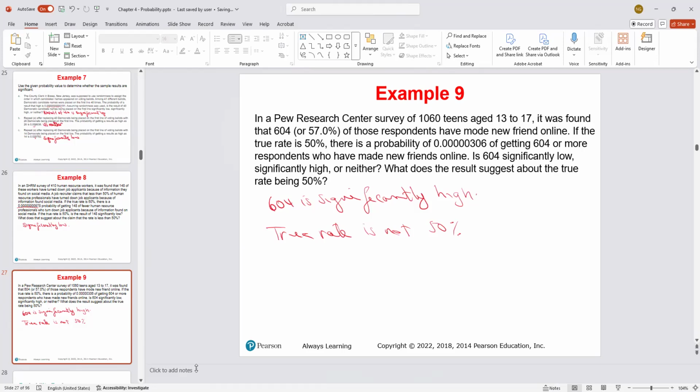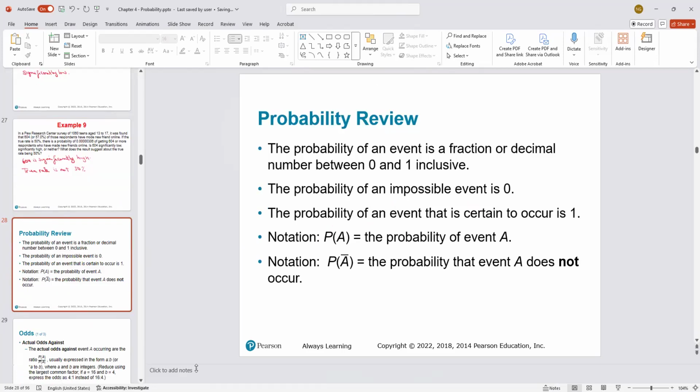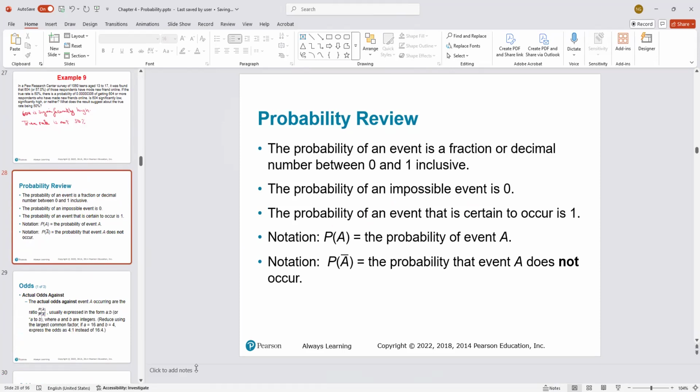Now, the last part of this section, we're gonna review probability. We said the probability of an event is a fraction or decimal number between 0 and 1 inclusive. The probability of an impossible event is 0. The probability of an event that is certain to happen is 1 or 100%. We said probability of A is the probability that the event occurs.